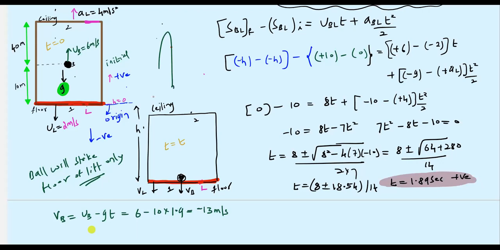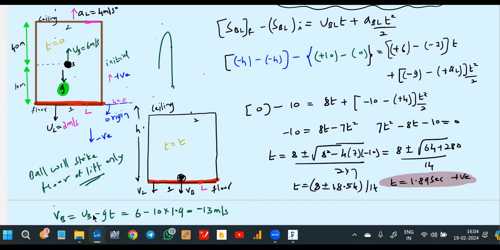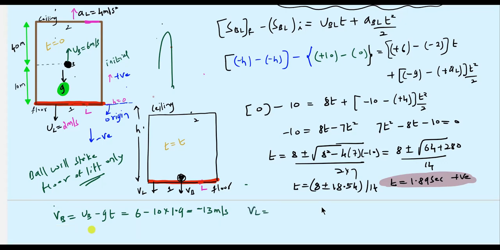And the velocity of the lift, we will calculate. Velocity of the lift will be UL. UL is how much? 2, 4 into 1.9. This I'm getting negative. Negative means, what does it mean?